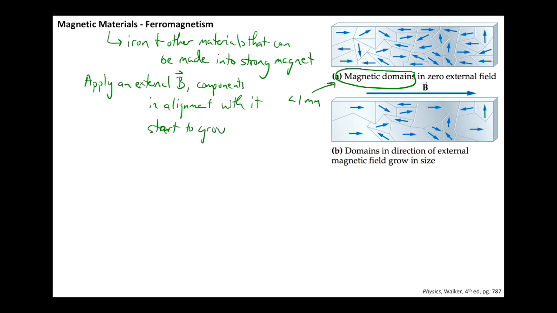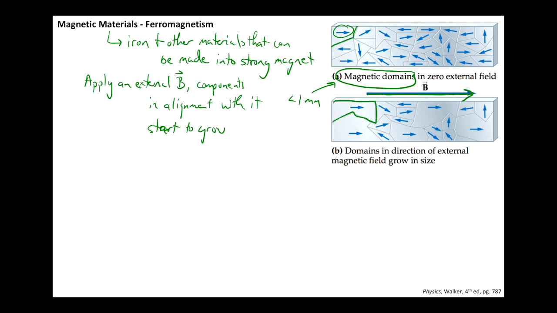So if you take a look at the comparison between these two diagrams, notice they are creating a magnetic field from the outside that's to the right. Take a look at any of the little domains in the top diagram that point to the right, and you'll see that they're now larger. This is actually somewhat of an accurate diagram. Notice this one, that little domain was this size. Now it's grown this large, okay?